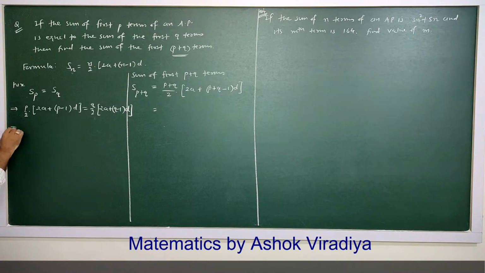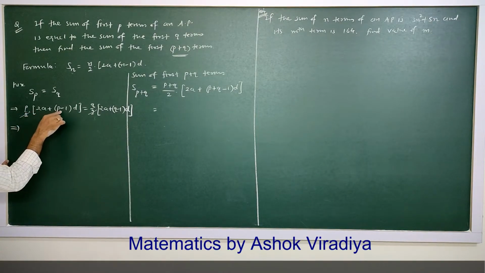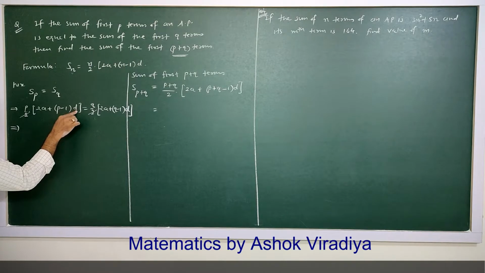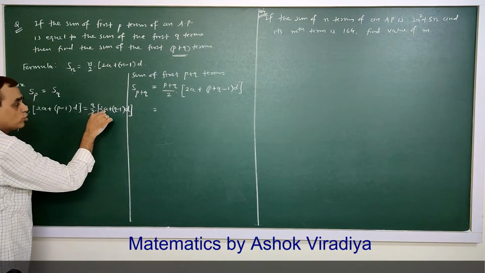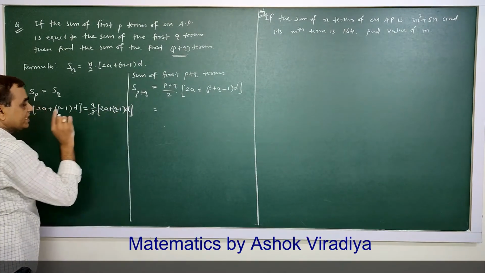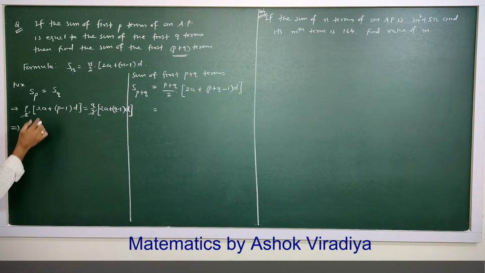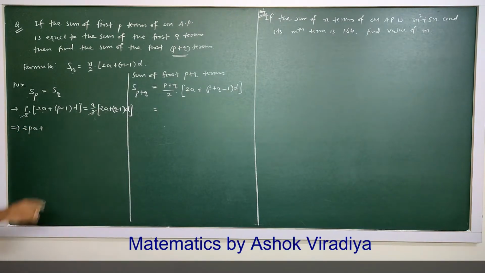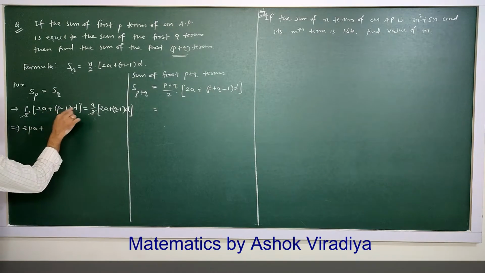Simplifying this, here this 2 is cancelled. P into 2a plus p minus 1 into d equals q into 2a plus q minus 1 into d. So see, I am expanding this: p into 2a, that is 2pa, plus p into p minus 1 d.